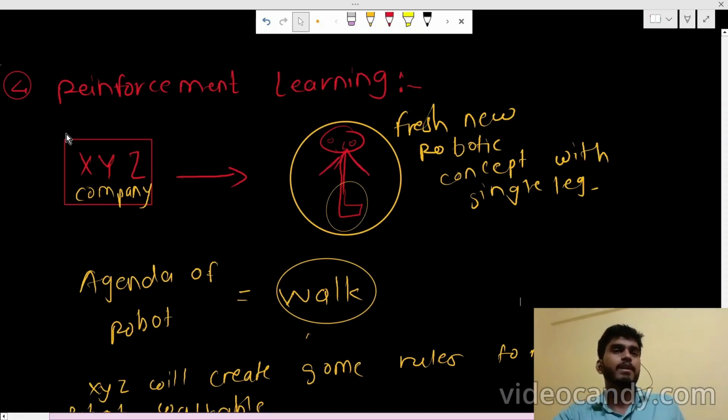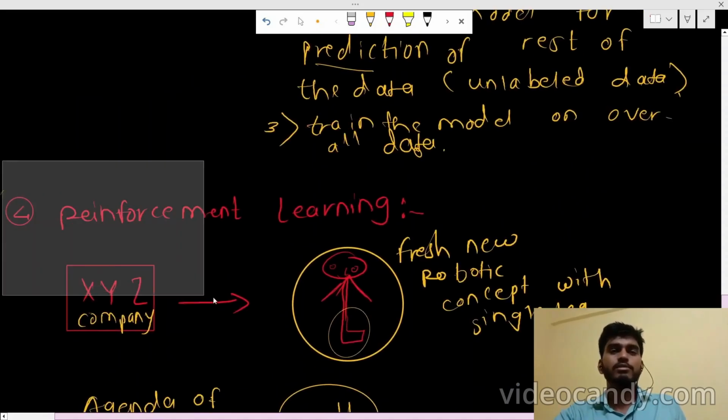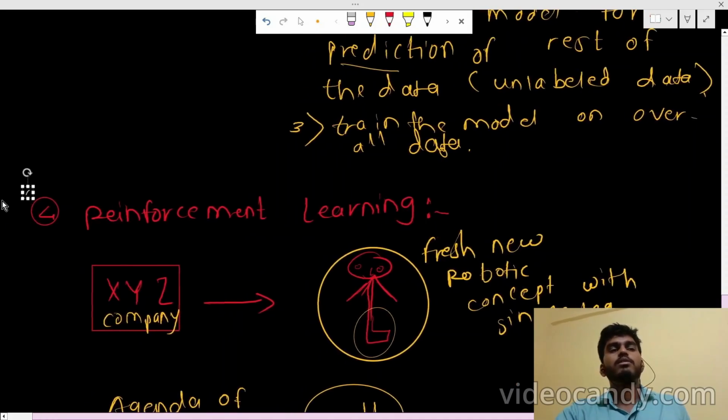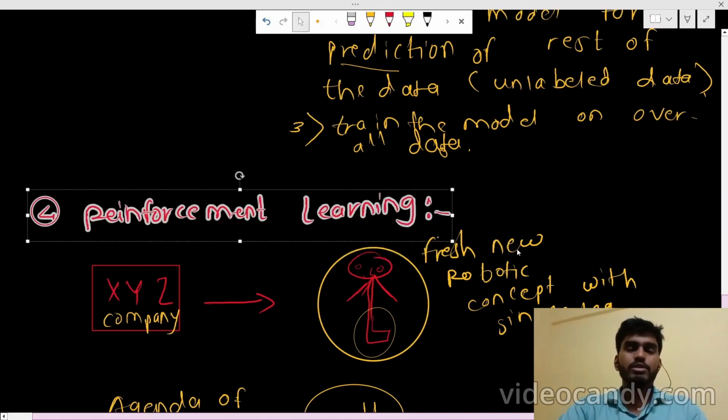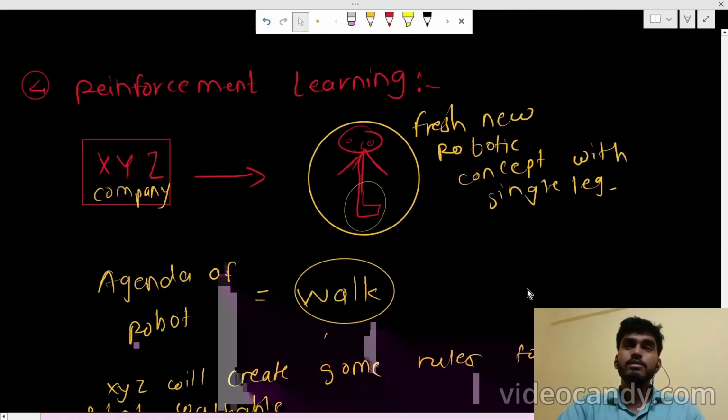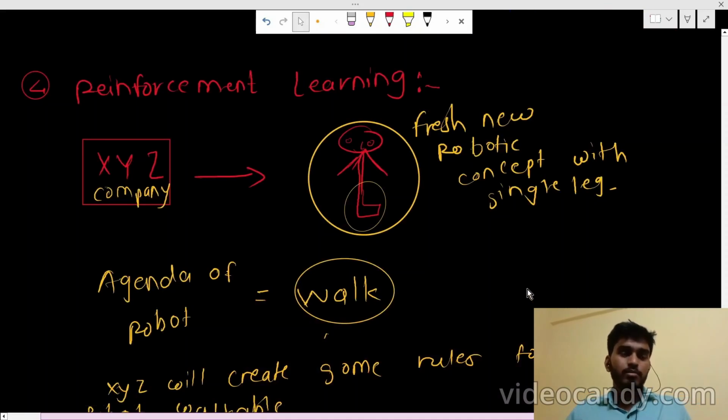And this is a very big topic that I can't cover in a single video. It requires a lot of videos sequentially, but it's very interesting because just imagine you have some models, you just assign the rules and leave that model or robot in the environment to learn by itself.